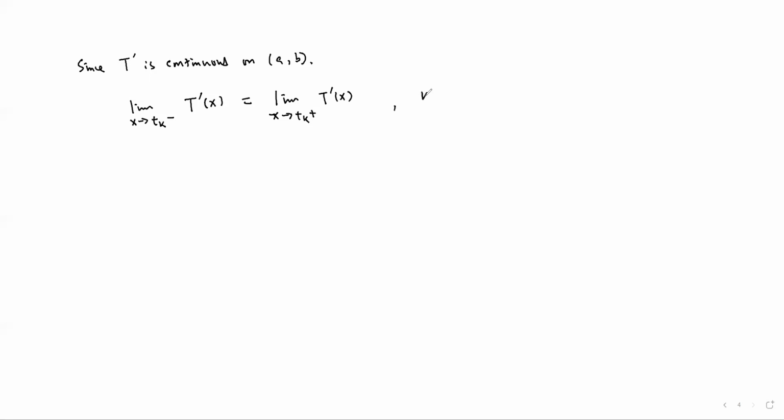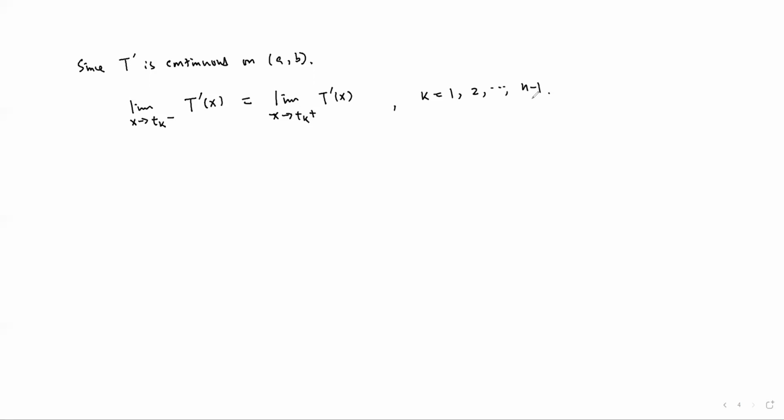Because T is continuous on [a, b], in interior knots we should have the limit of T derivative as x approaches tk from the left side equal to the limit as x approaches tk from the right side, continuous at the knots where k is 1, 2, up to n minus 1.